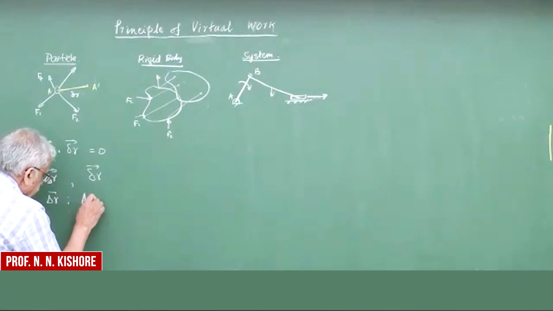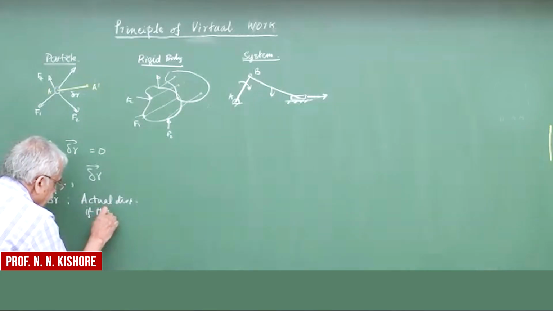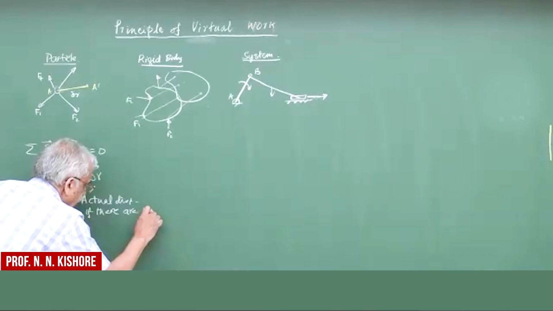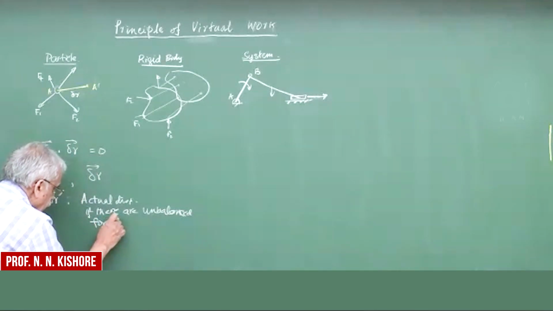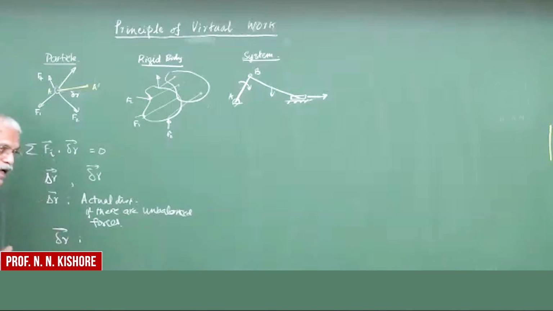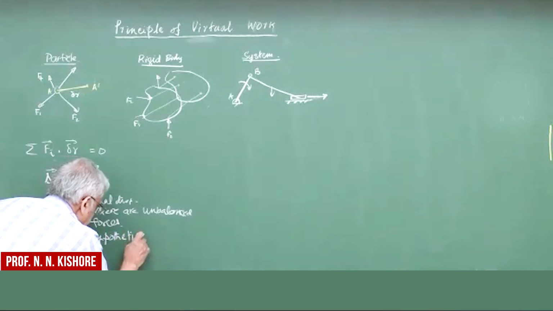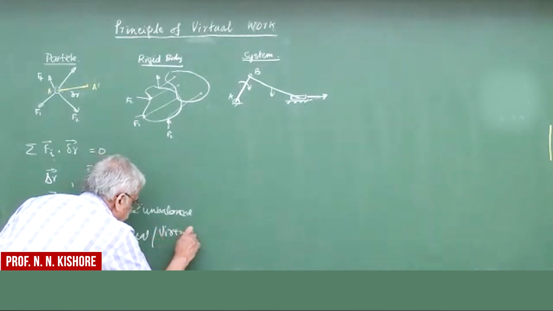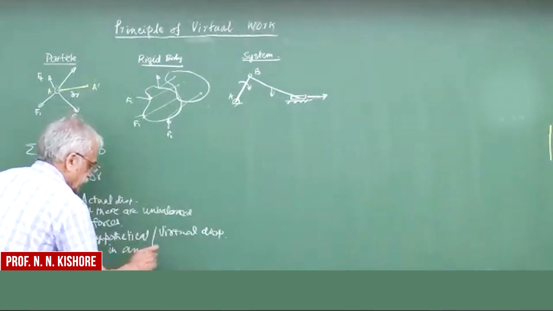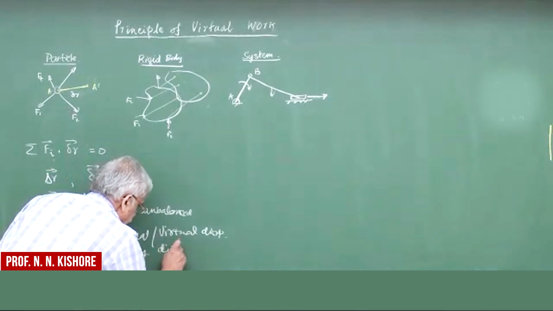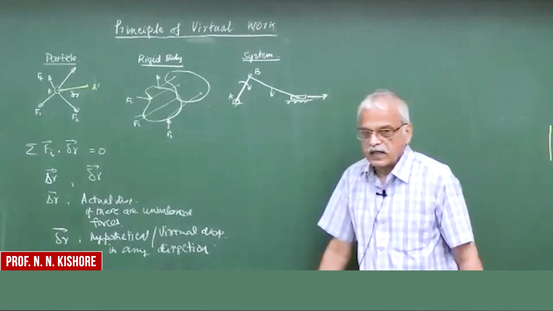This is the actual displacement if there are unbalanced forces, whereas this is a hypothetical displacement, or we call it a virtual displacement, in any direction, maybe any angle or orientation.